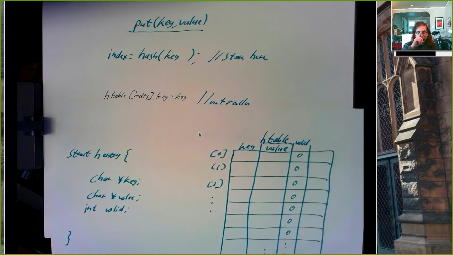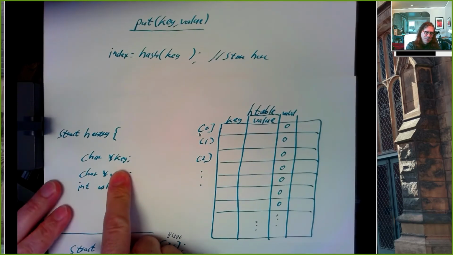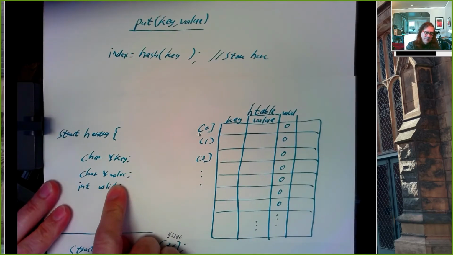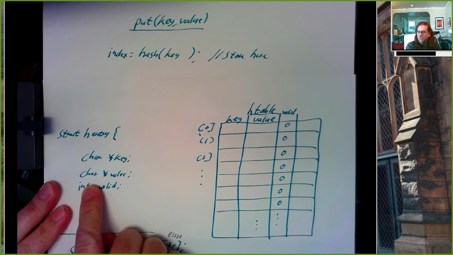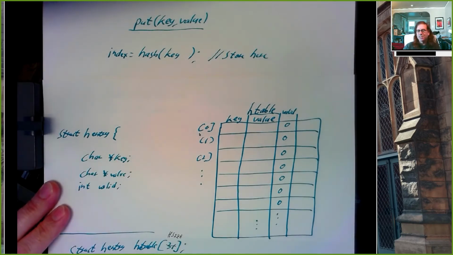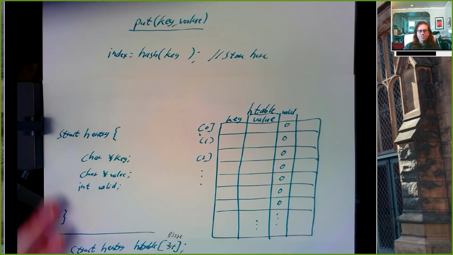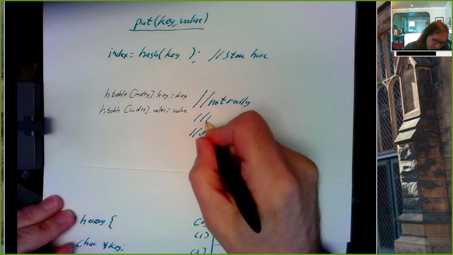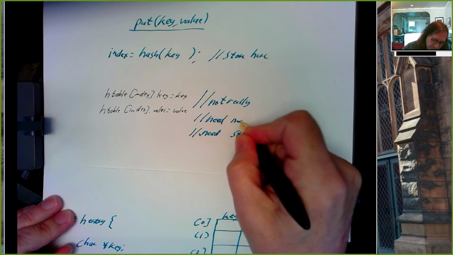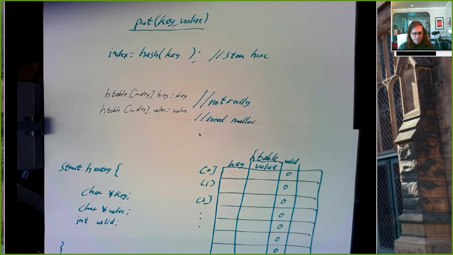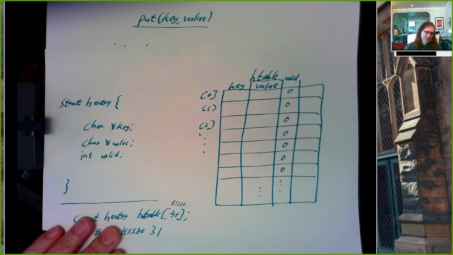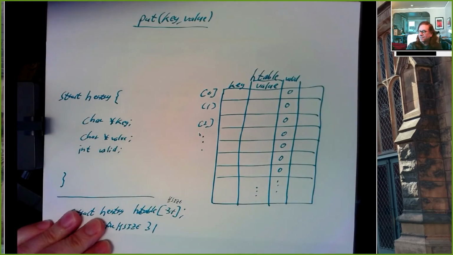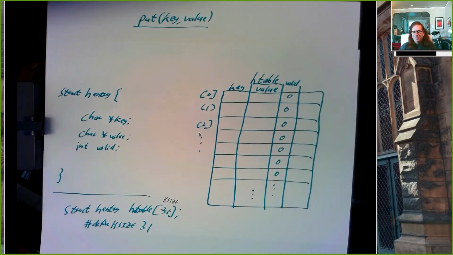The other problem with this is I've defined my hash entry to have fields called key and value, which are simply character pointers. But unless I point those to something, I'm going to get a seg fault when I try to string copy into key or value. So I need to do some kind of malloc. Now I could just say key is an array of 50 characters and value is an array of 50 characters.